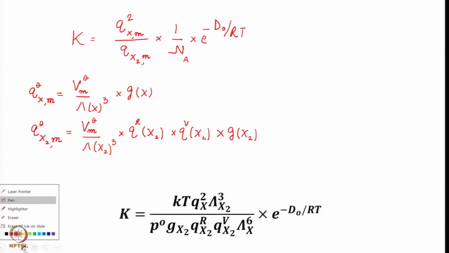What I have done is, I have included translational contribution, rotational contribution, vibrational contribution, electronic contribution.